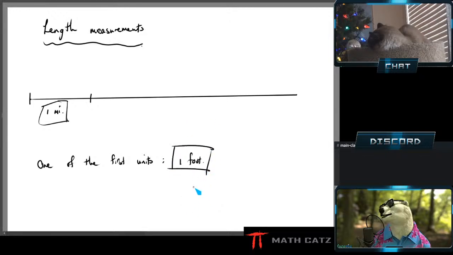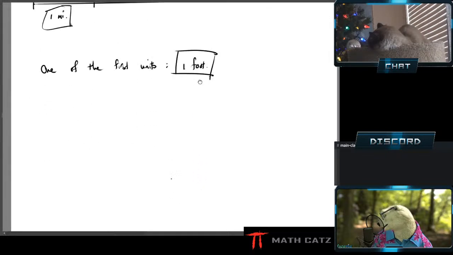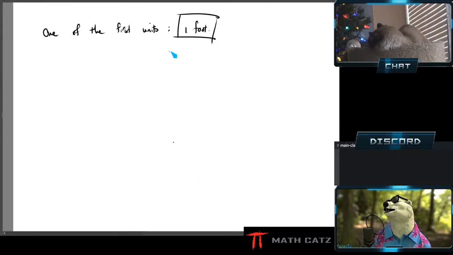But regardless, this was one of the first, I suppose. And because these things slowly developed over time, the English system of measurement is a little unintuitive because slowly over time they added more units because if I travel a very long distance, I don't want to measure that in feet.